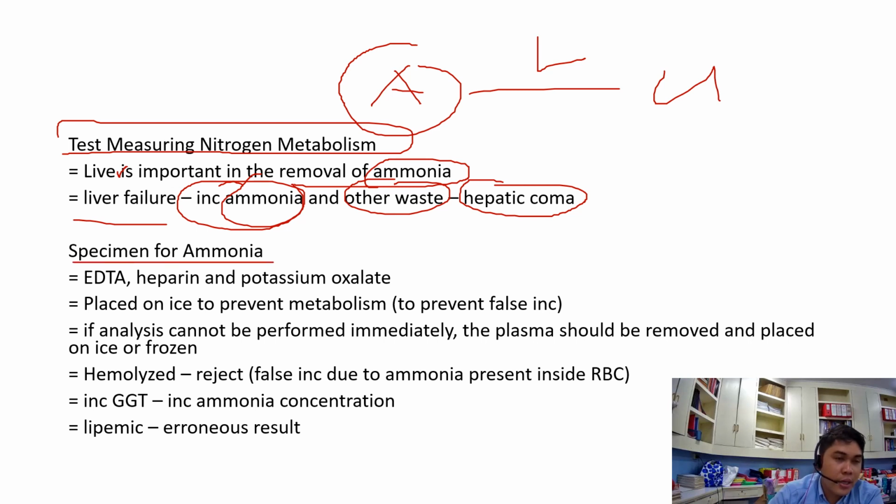For the specimen for ammonia, you can use EDTA, heparin, and potassium oxalate as anticoagulant in the collection of specimen. The preferred specimen is arterial blood. Okay, the alternative is venous blood, but you're not allowed to use a tourniquet in the collection of venous blood for ammonia. Why? Because the use of a tourniquet can cause false increase in ammonia concentration.